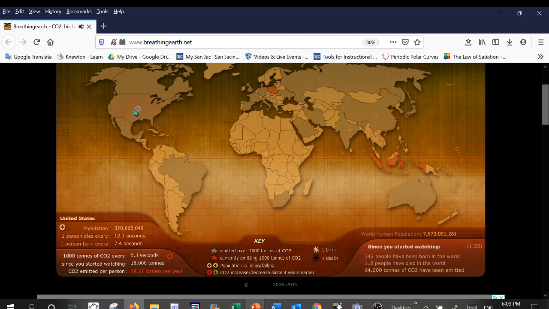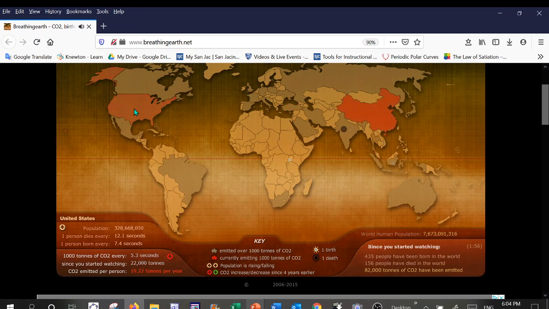So you go over any country and you can see also other data. On the right-hand side, in the middle, you see currently how much CO2 we are emitting. And then on the right, you also see the number of people that have been born in the world and the number of people that have died in the world.